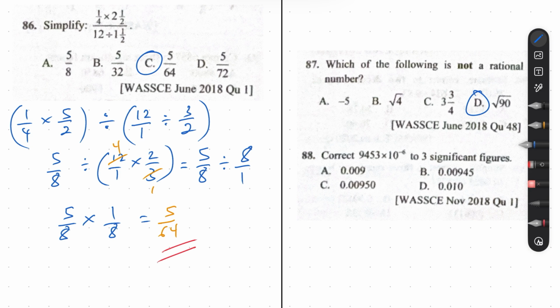Question number 88 says correct 9,453 times 10 to the power negative 6 to 3 significant figures. So in order to do this, we first need to write this in decimal form. How can you write this in decimal form?